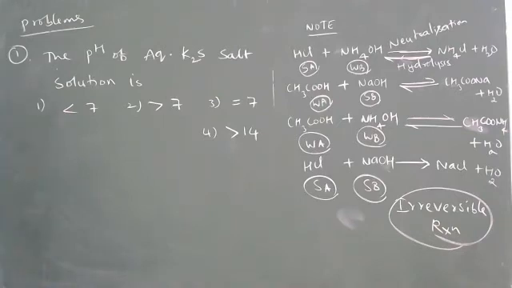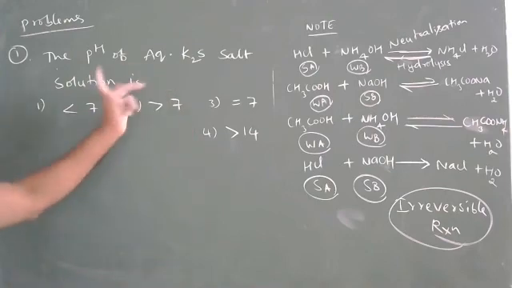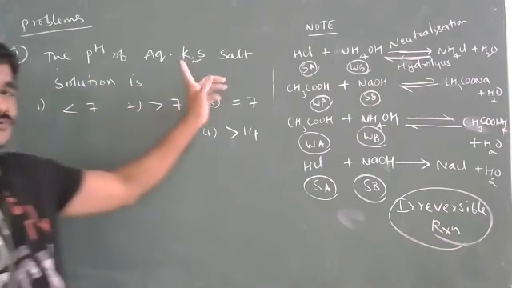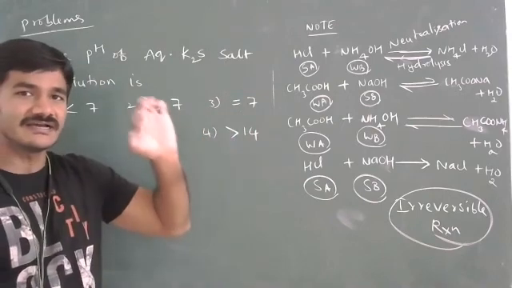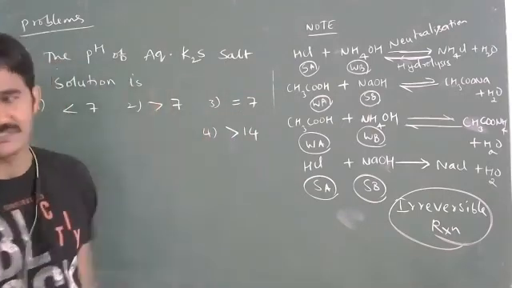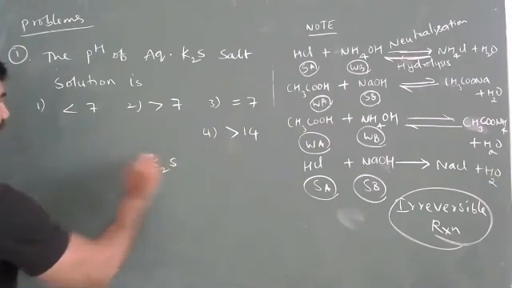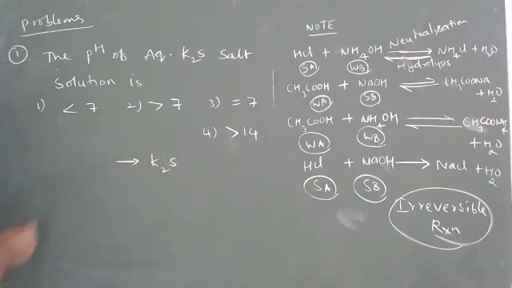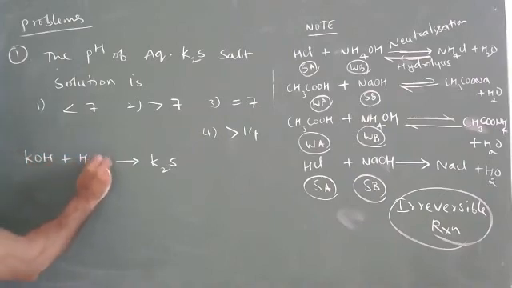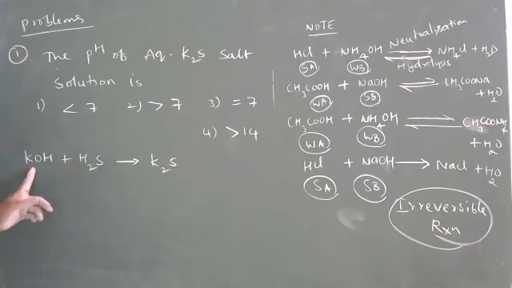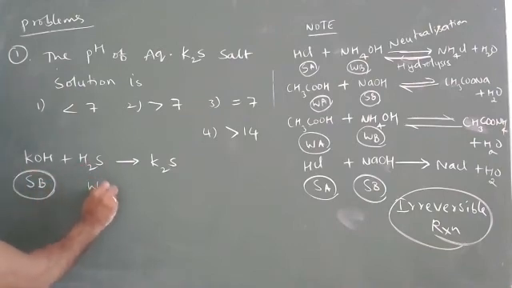So I have given one salt, K2S. First we should find out the nature of K2S. K2S is formed from KOH plus H2S. KOH is a strong base, H2S is a weak acid.